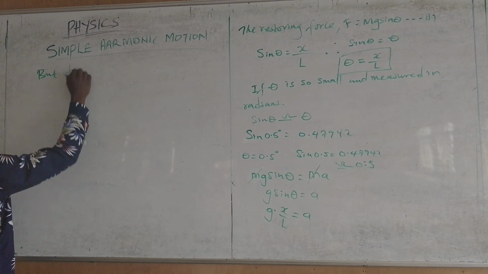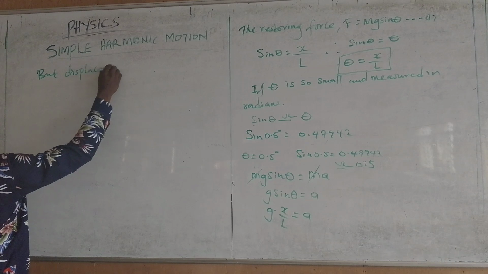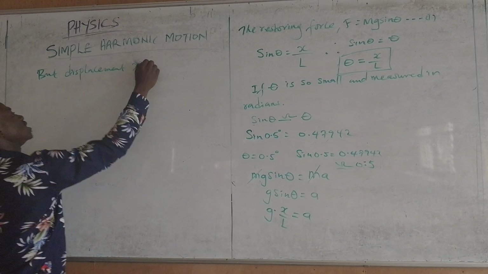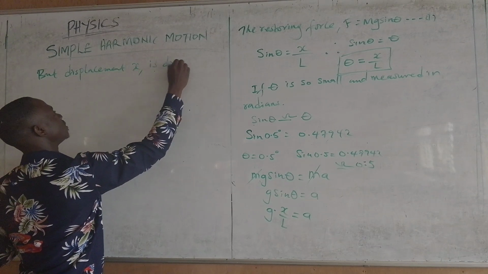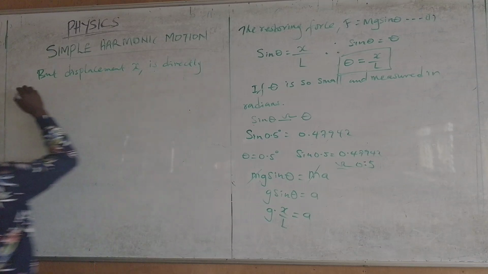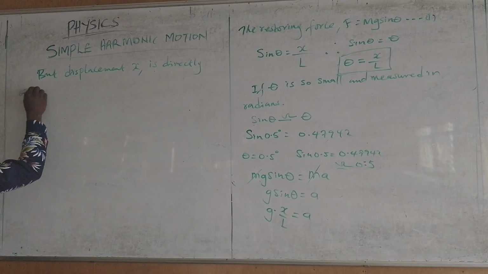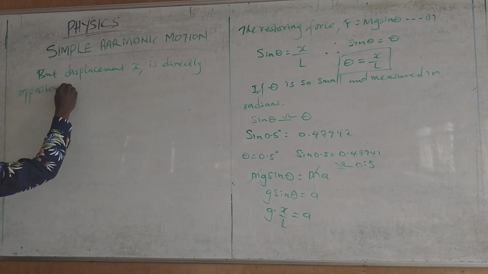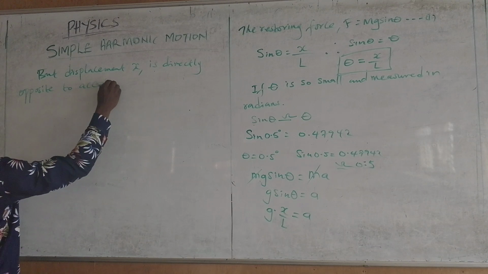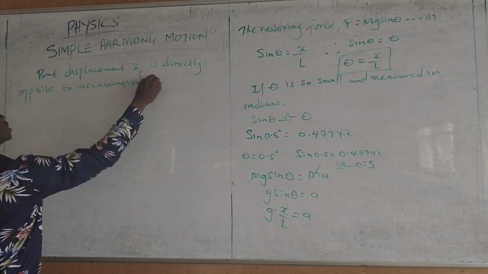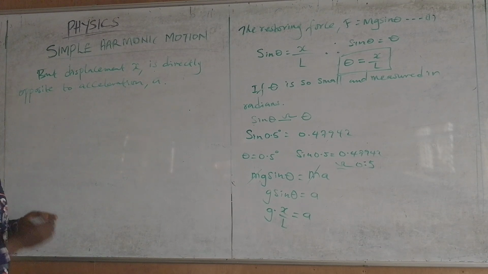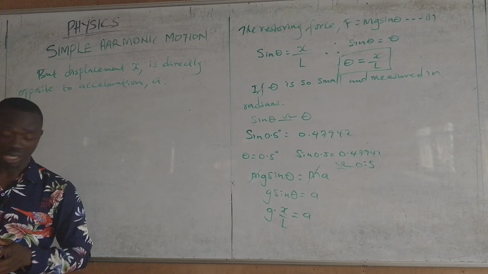Now, since displacement X is directly opposite to what? To acceleration A. Don't forget, when we started the video, in the first video, we said acceleration is directed towards where?